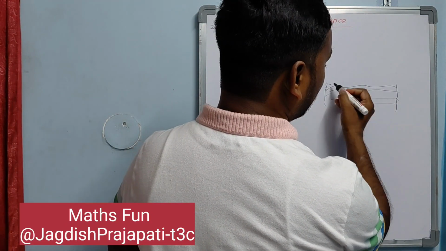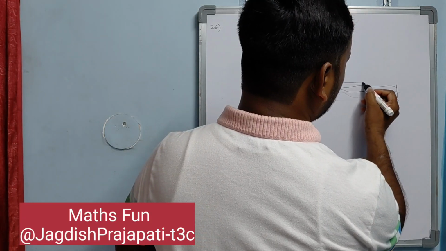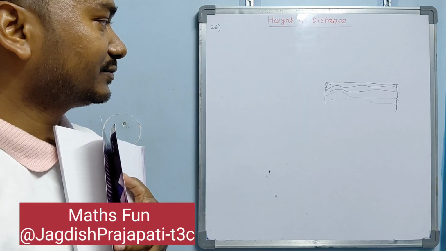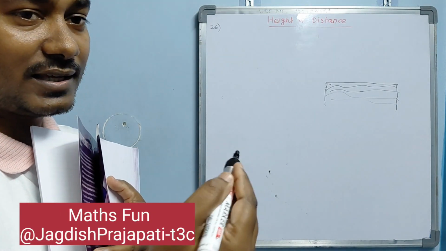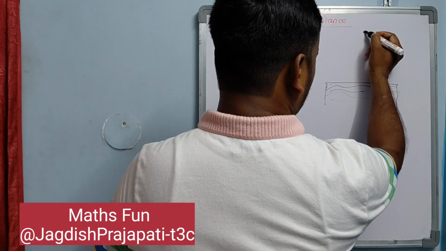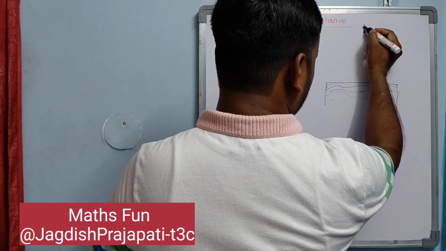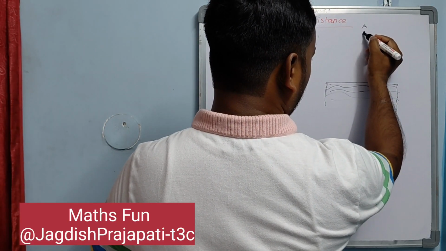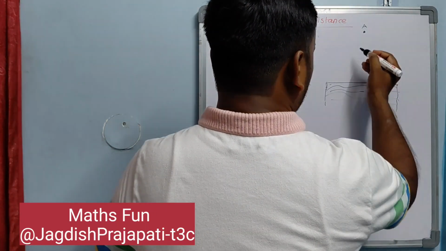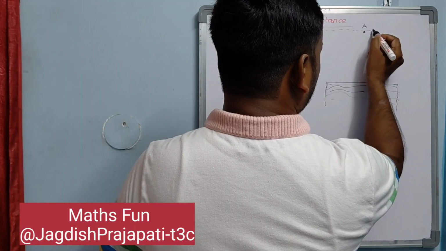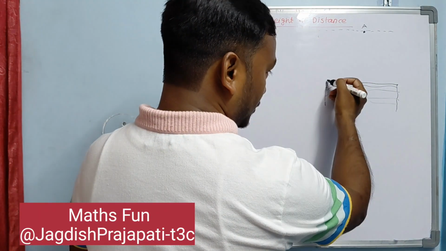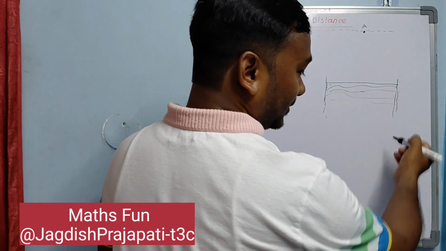For the sake of simplicity, we can assume that this surface is quite flat, so that it appears like a triangle, and a flight is flying at some point here. Let's say the flight is flying here at some point of time, and it is stated in the question that this is the river, so this will be the bank of the river.